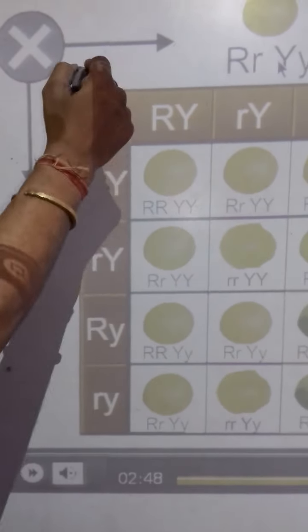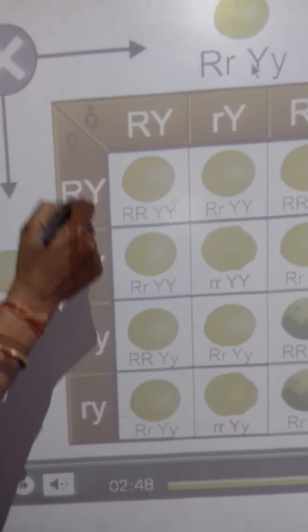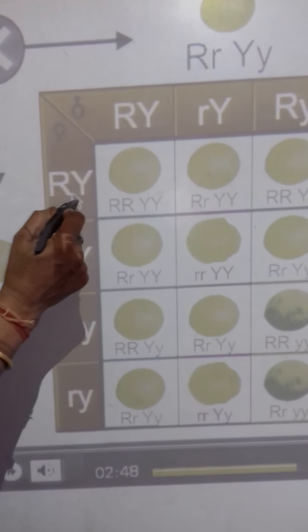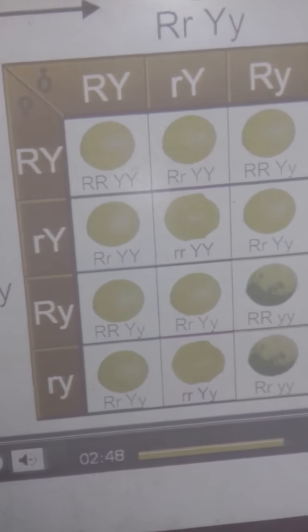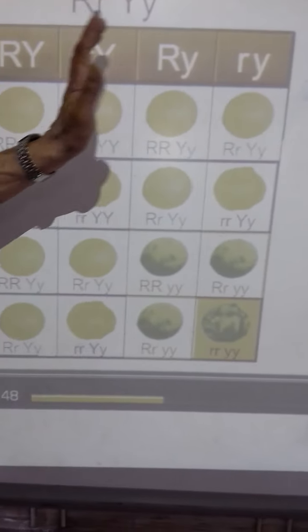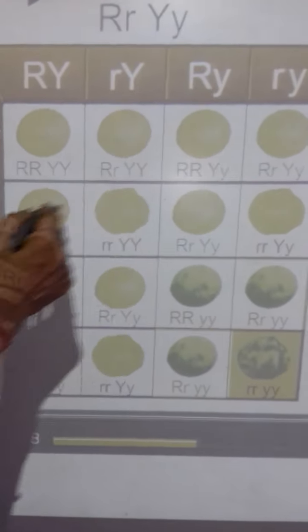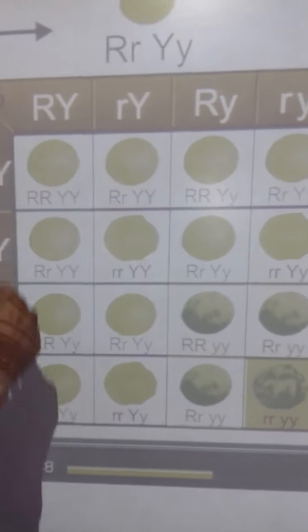Say in the female gametes, in the ovum, capital R capital Y, then small r capital Y, capital R small y, and small r small y. These are the male gametes and these are the female gametes. Now when they fertilize, these are the combinations which arise.